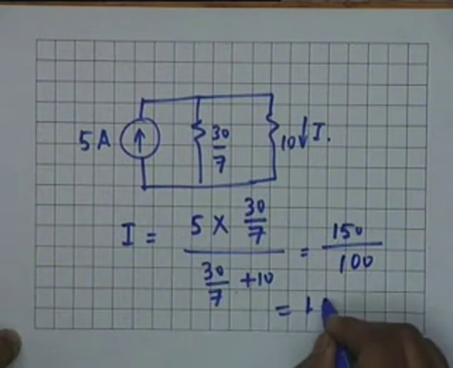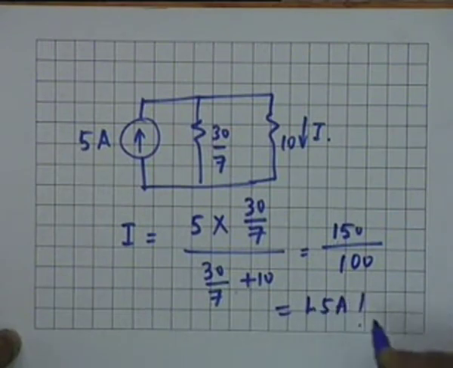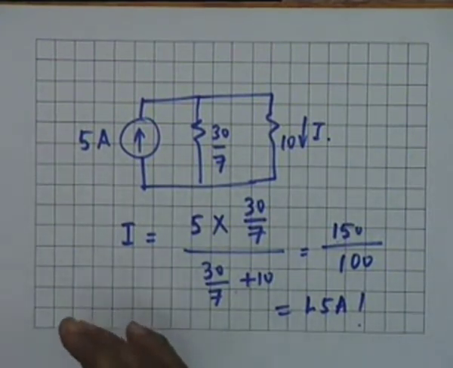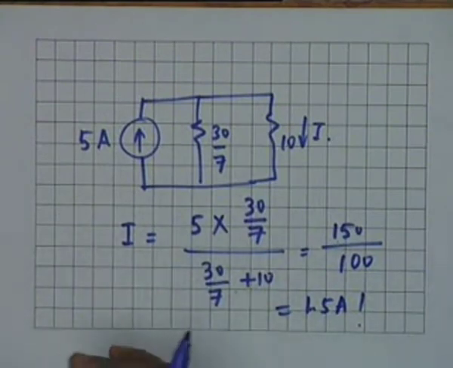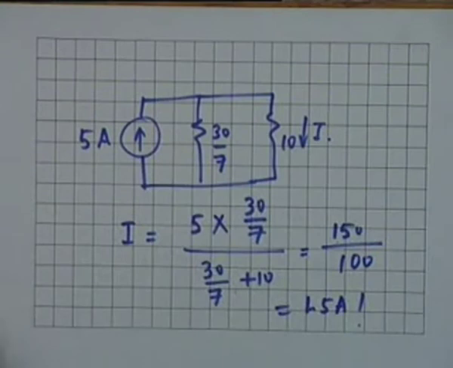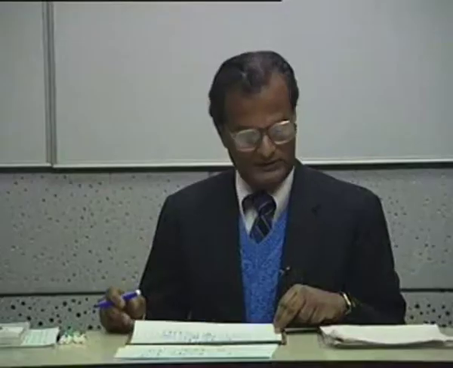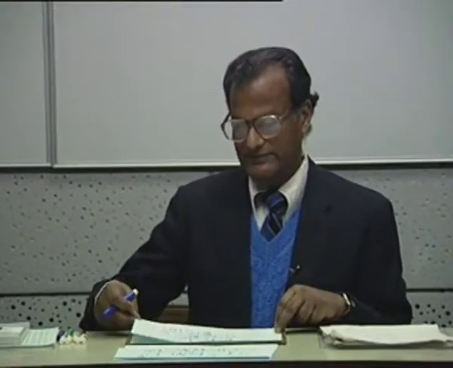So this is 1.5 ampere. We have got this result again and again. But this illustrates how source transformation is able to reduce a network to a form where you do not have to write KCL, KVL or any loop, node or branch formulation. So source transformation, which in effect is the result of Thevenin's and Norton's theorems, is extremely useful in network analysis.